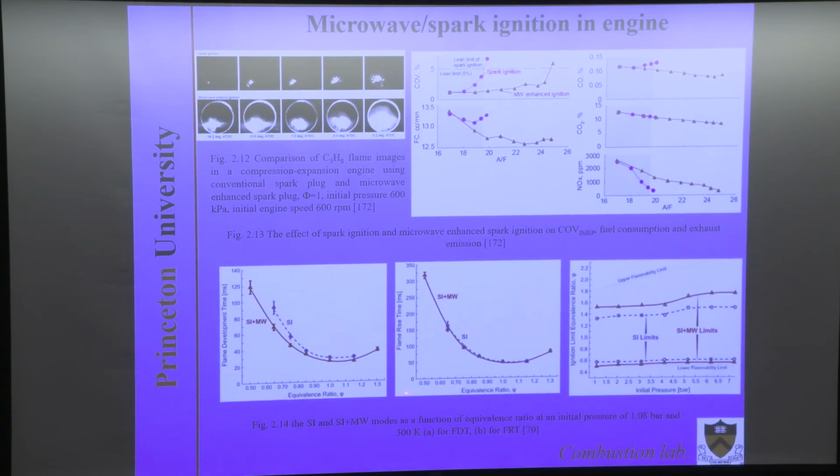But when he plotted the second thing, called flame development time, after the flame kernel size increased to 10%, they found that the microwave has no impact on flame acceleration.